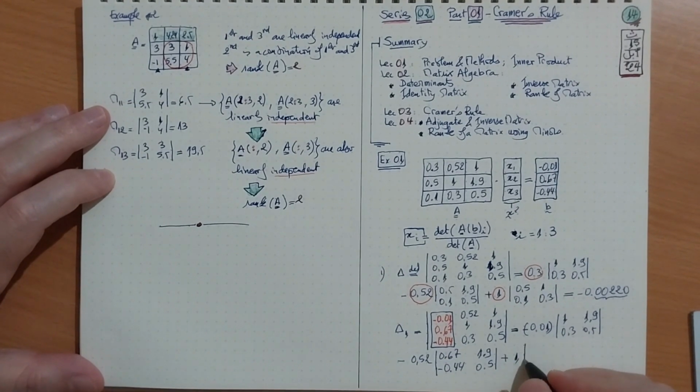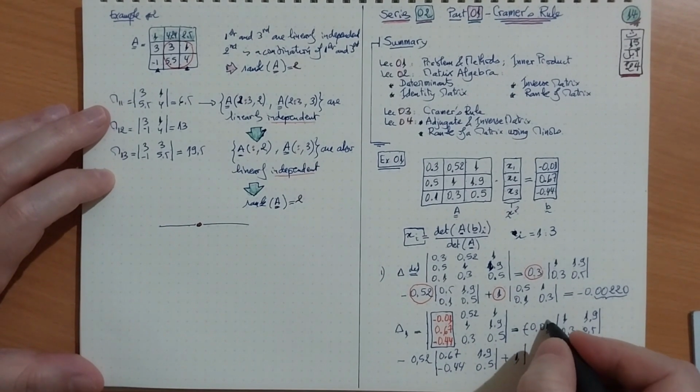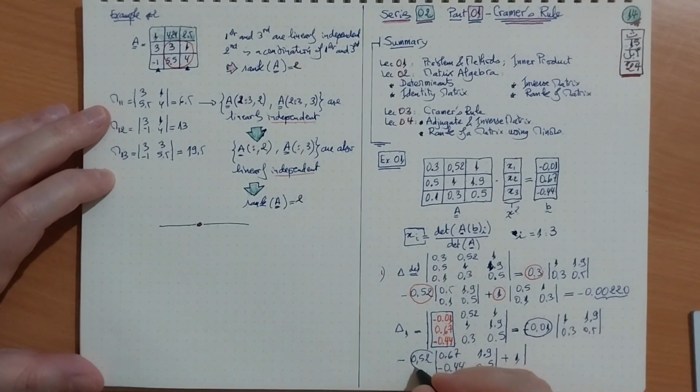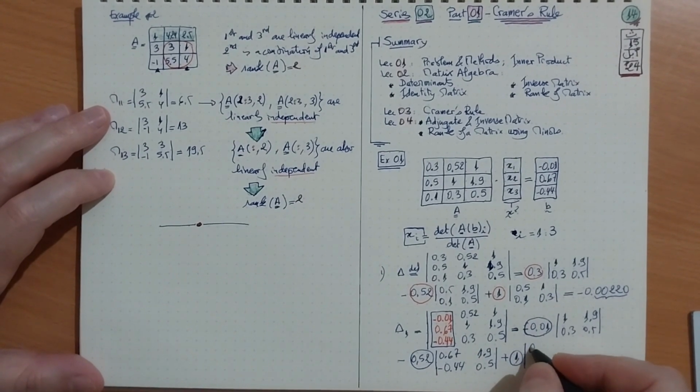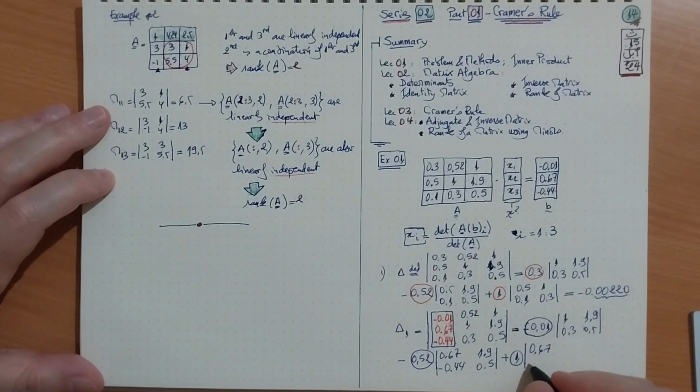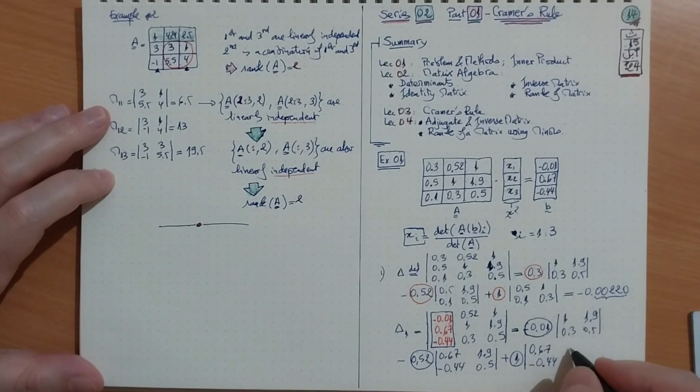And the determinant, let's write like this for the elements. So we have 0.67, minus 0.44 and 0.3.